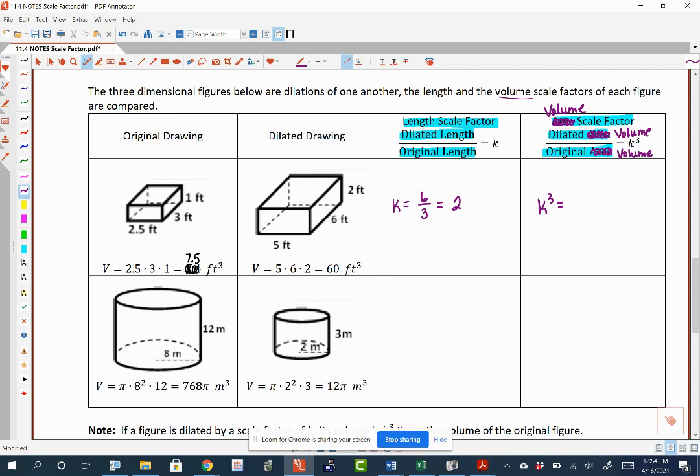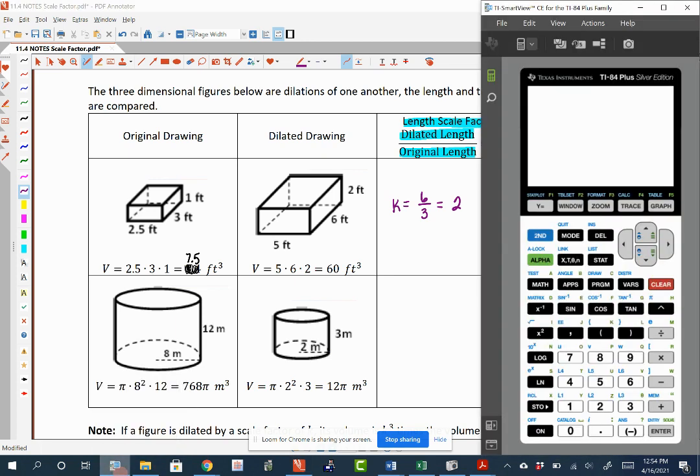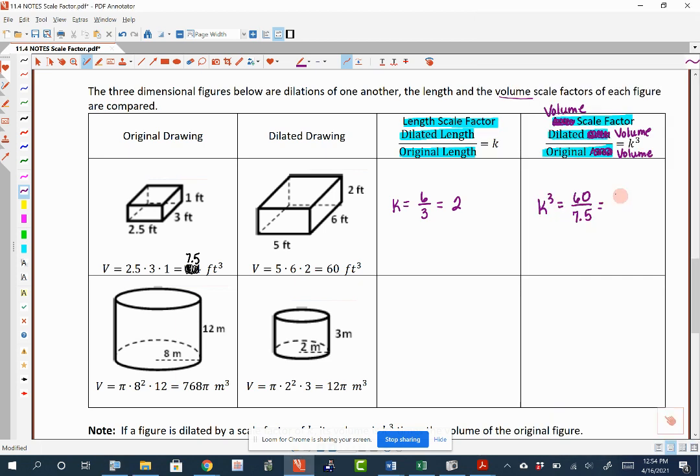I'm going to take the volume of my dilated, 60, as compared to the volume of my original, 7.5. When I divide 60 by 7.5, I realize that's going to be 8. And I recognize that 2 cubed is the same thing as 8. So there's my scale factor cubed, giving me that relationship for my volume.